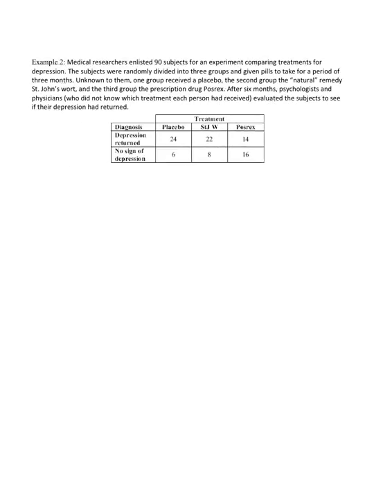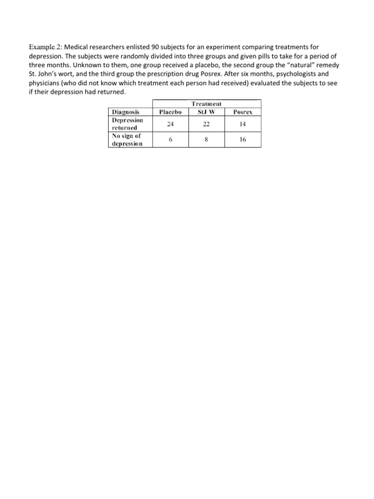All right, so example number 2 says medical researchers enlisted 90 subjects for an experiment comparing treatments for depression. The subjects were randomly divided into 3 groups and given pills to take for a period of 3 months. Unknown to them, one group received a placebo, the second group the natural remedy, St. John's wort, and the third group the prescription drug Prosrex.